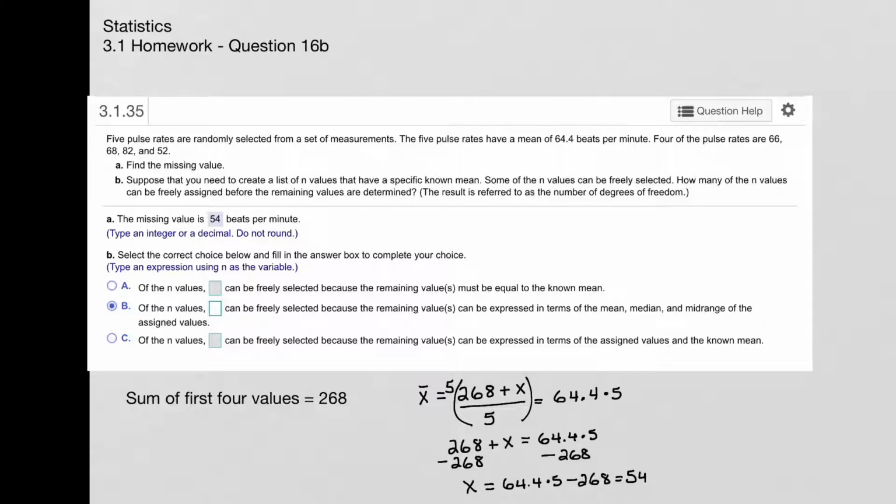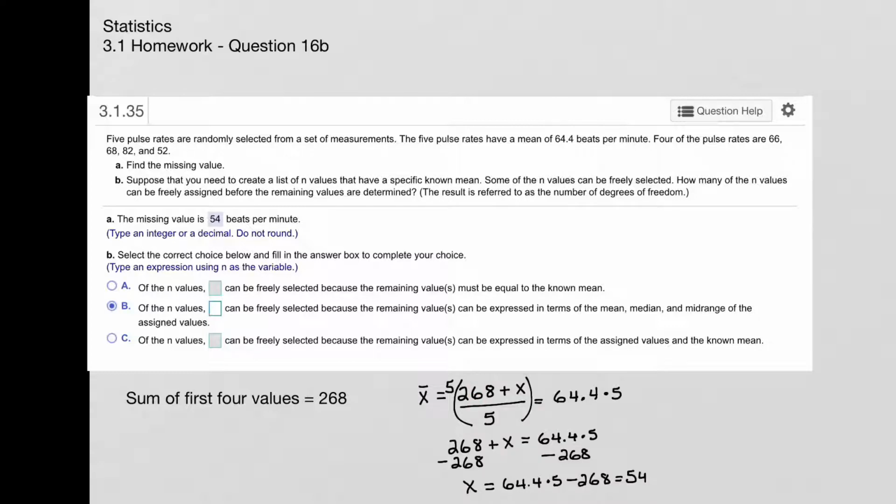So we want to know how many can be freely assigned before the remaining value or values are determined. So what we saw in this case was that when there were 5 values, we had to know the sum of the first 4. So it was only the very last value that was absolutely determined by the mean and the sum of the first 4 values.